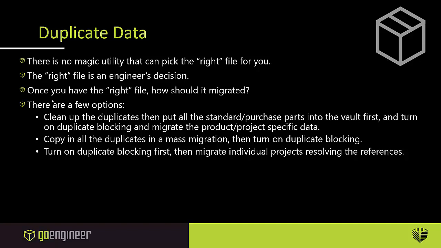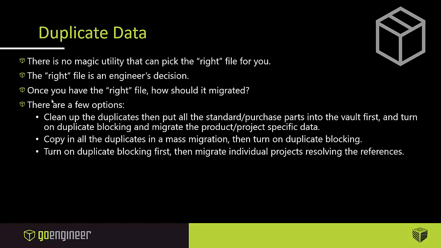There's a number of different options that you can explore when it comes to duplicates. You can clean up all your duplicates first. It's a big undertaking at some companies, right? I've talked to some organizations that were talking about it being like a multi-year project, trying to clean up all this mess, right? Because you don't have time at your job just to go clean up duplicates, right? You've got jobs to get out and things to design.